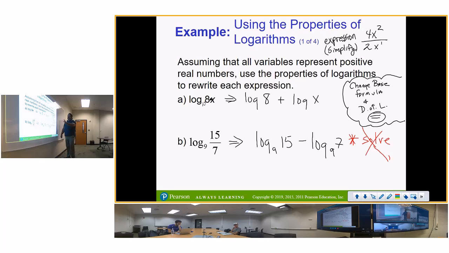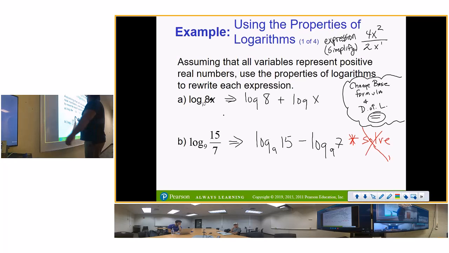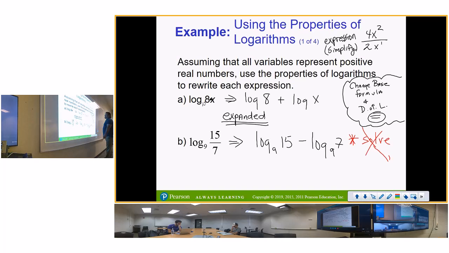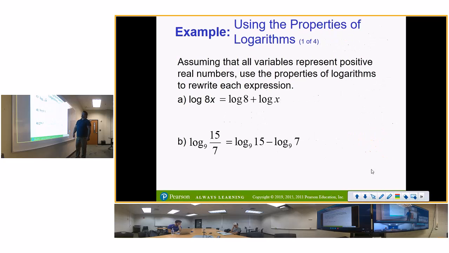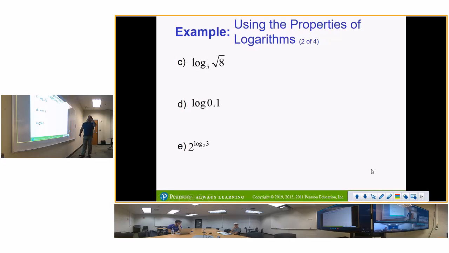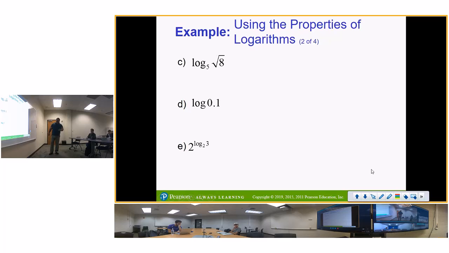And I can go both ways. I can expand. We just expanded these. Or you can simplify, which will probably be the next one. No, not yet. I'm not going to expand yet. We're still expanding, okay?